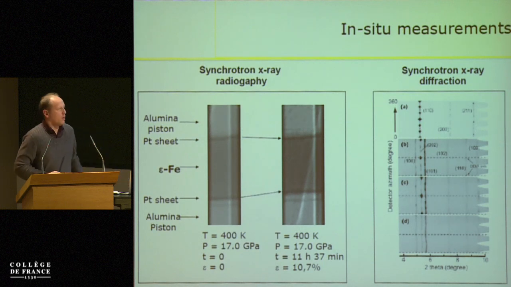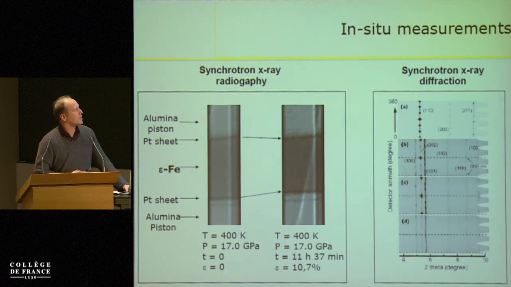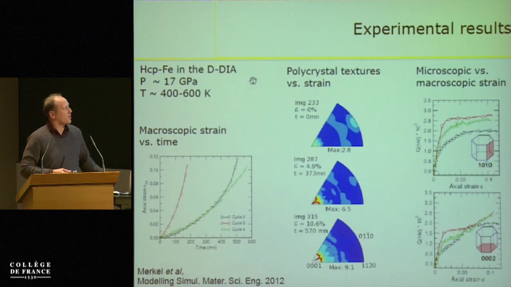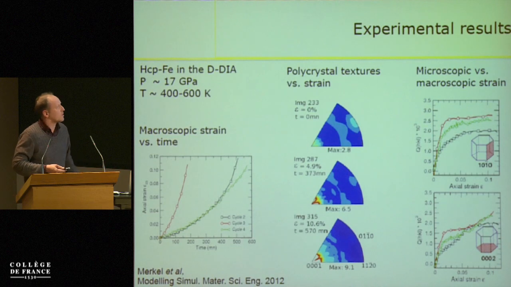One key issue when you do that, as Sean already mentioned, is that you need to do measurements in situ. So we go to a synchrotron, measure the strain of our sample, and measure X-ray diffraction, getting information in situ as the sample is being deformed. Those are typical experimental measurements.